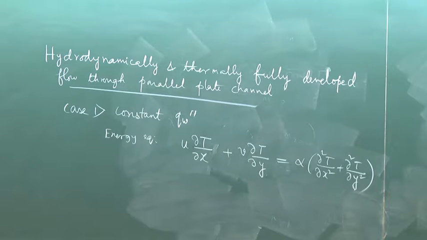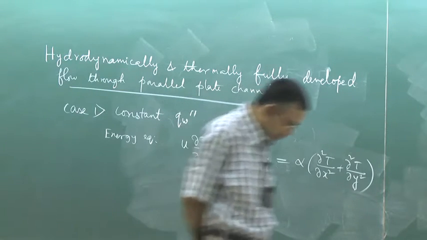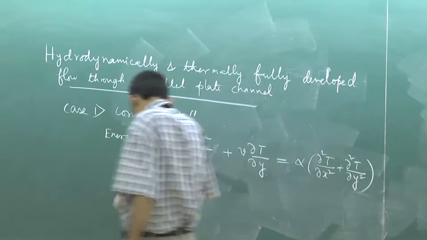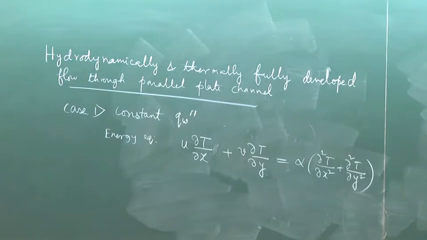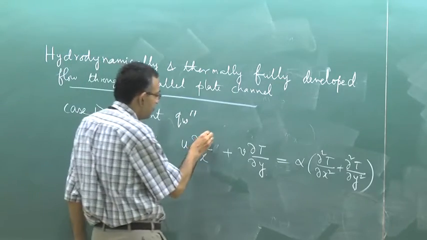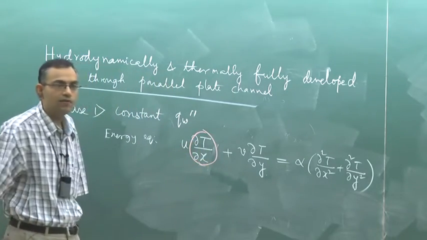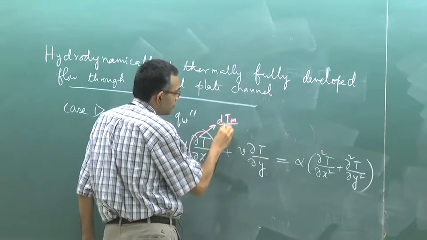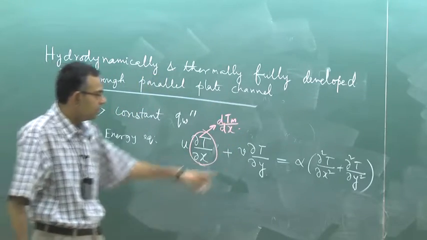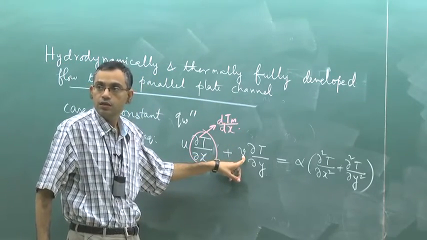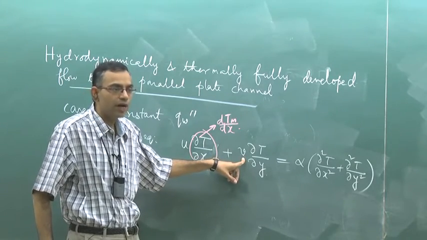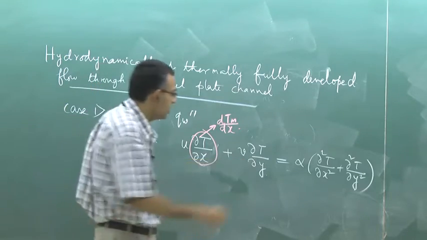Now tell what will be the simplification. So let us write it with a different color maybe. So in place of del T del x, for constant wall heat flux, we can write dTm dx, which is a constant. What about this term? V is equal to 0 for hydrodynamically fully developed flow. So this will be 0.